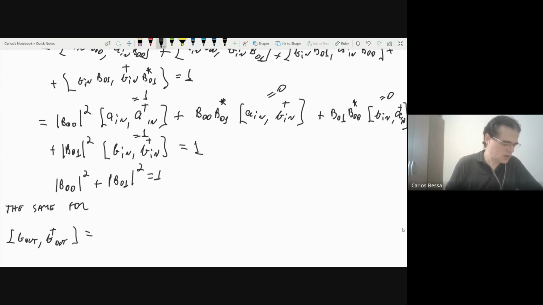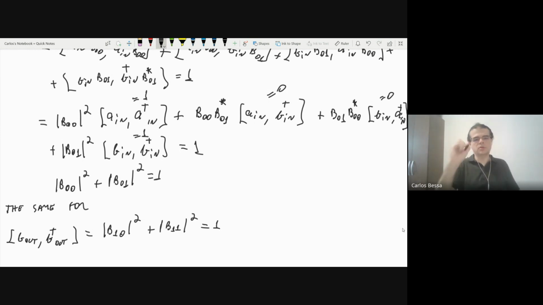We will find B10 square plus B11 square equal to 1. It follows the same procedure we did here. Okay.